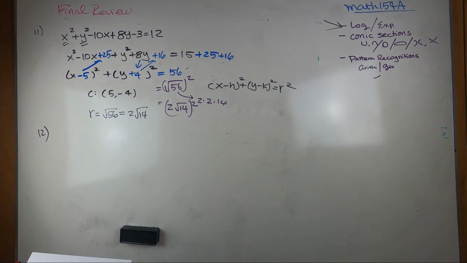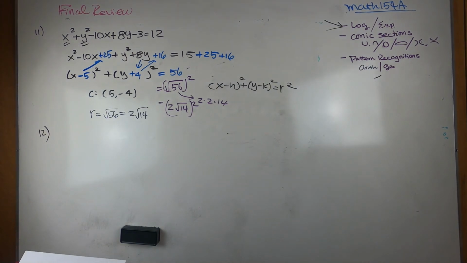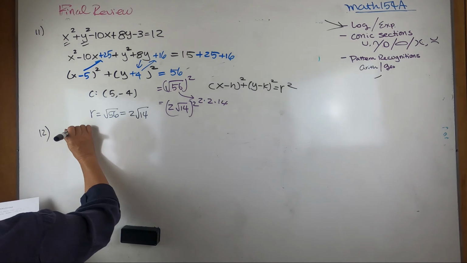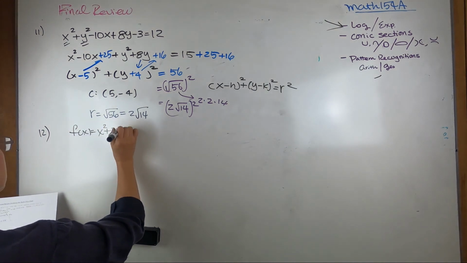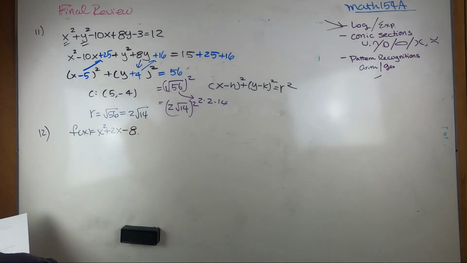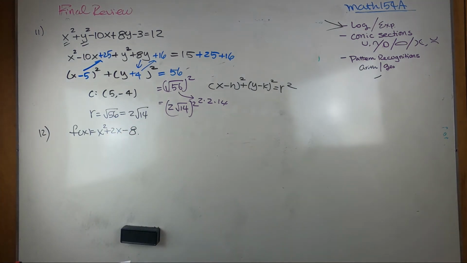To do another graph for a parabola. Okay, f of x equals x squared plus 2x minus 8, by plotting at least 5 points. All right, you have to find the vertex, right?